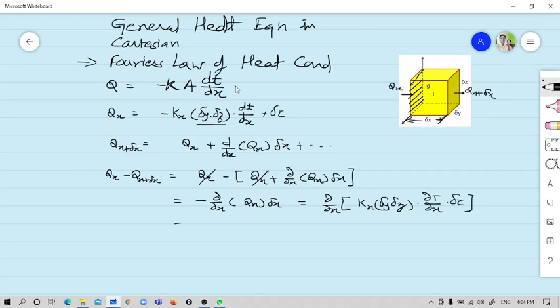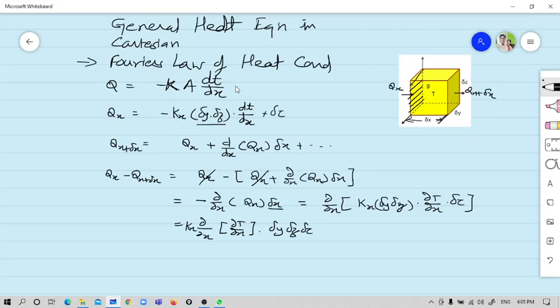So this will be equal to, rearranging the terms here, ∂/∂x. kx is the constant term which is not a function of x, so I can take kx outside this derivative part, and you will get ∂/∂x of ∂t/∂x into delta y delta z delta tau, into again this delta x term here.